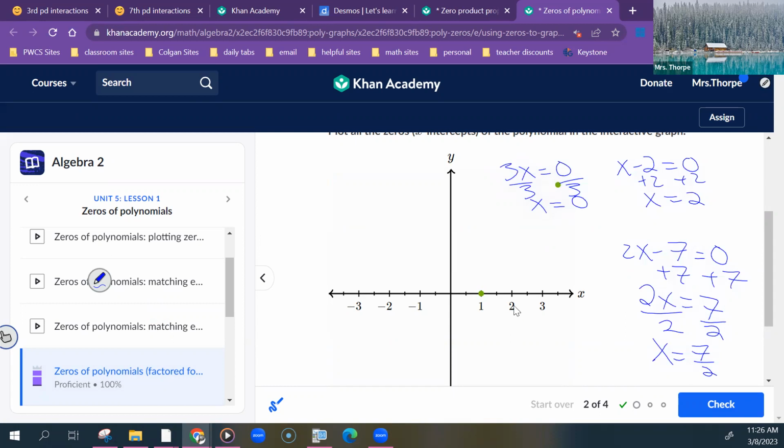Okay, I don't know why that point is there, but let's see if it'll still mark it right without that being there. Okay, so we know one is at 0, one is at 2, and one is at 7/2. If you're not sure what that is, you can put it in your calculator, but that should be 3.5.